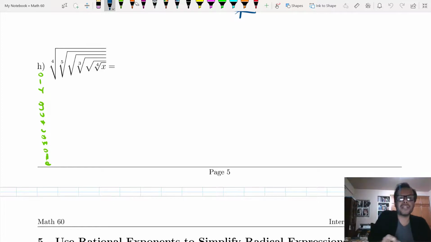The first radical, notice, has an index 4. So I'm going to write x to the 1/4, right? And then keep in mind the following index right here is an invisible 2. There's another invisible 2 there. So that whole thing will be raised to the 1/2, right?